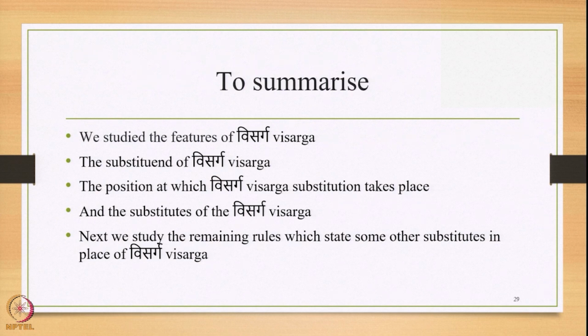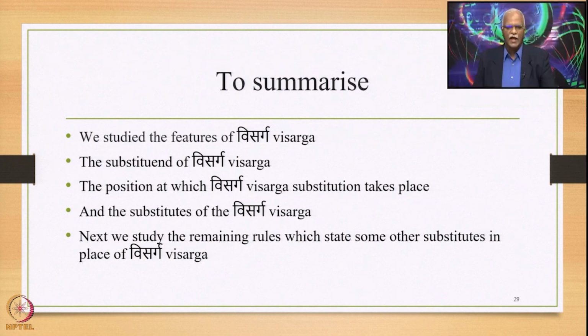It is always at the end of a pada, and there are the substitutes of the Visarga, namely sa, then Jivhamuliya and Upadmaniya, and also the deletion. And Visarga itself can be regarded as the substitute that replaces its own form.